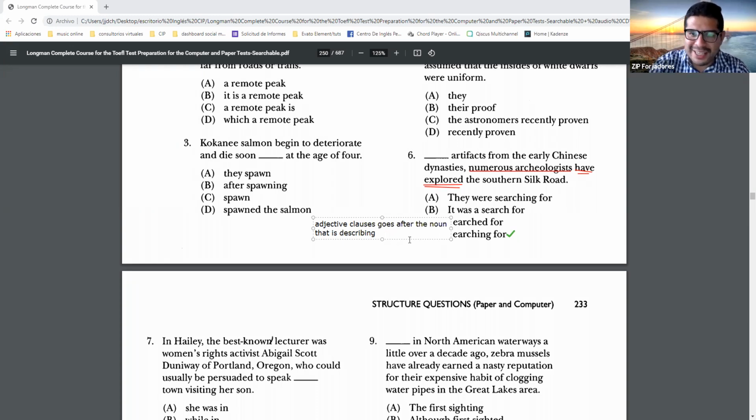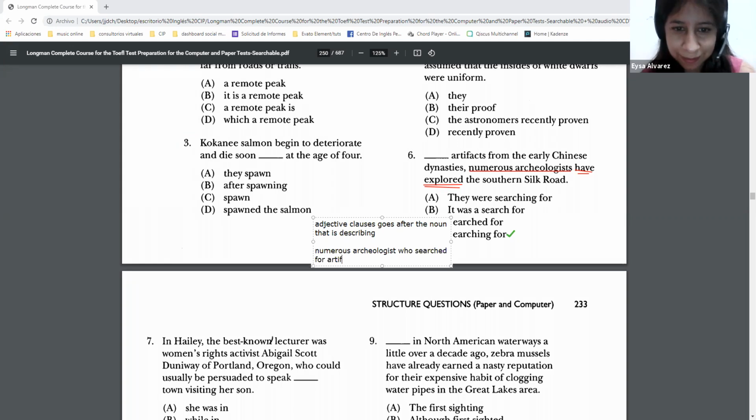So in this case, we are talking about the numerous archaeologists. I am going to put here the connector because this is the adjective clause: who searched for artifacts, blah, blah, blah.